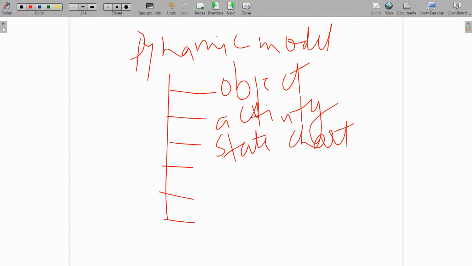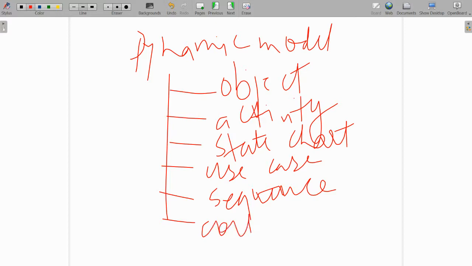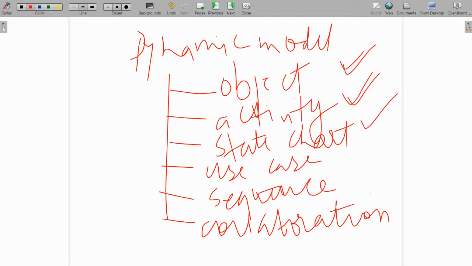It can be use case, sequence, or collaboration. So these are the types of dynamic model. Understand, we are talking about the behavior of the model. Object, activity, state chart, use case, sequence, and collaboration. These are a few dynamic models. There are others besides these, but these are a few.